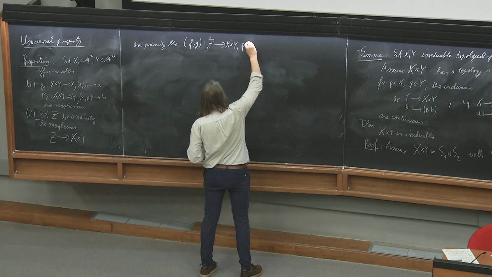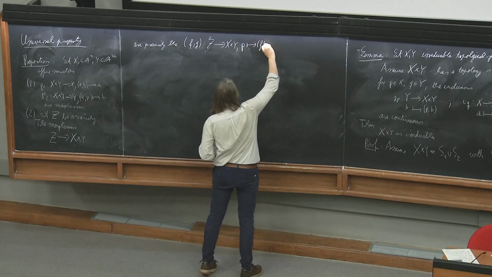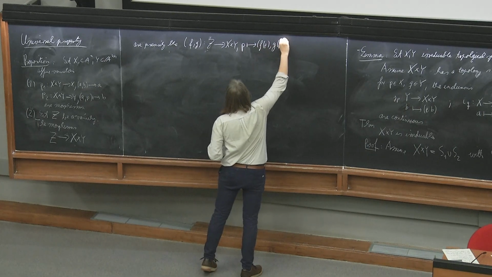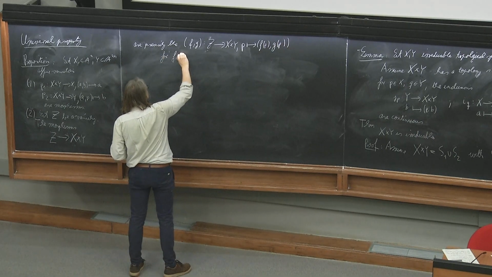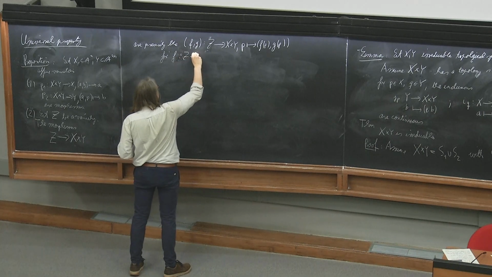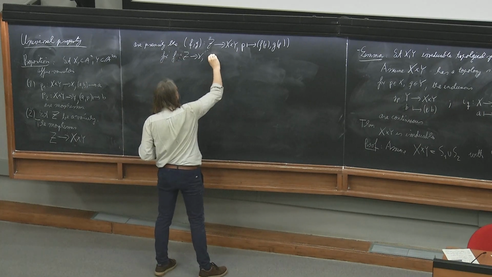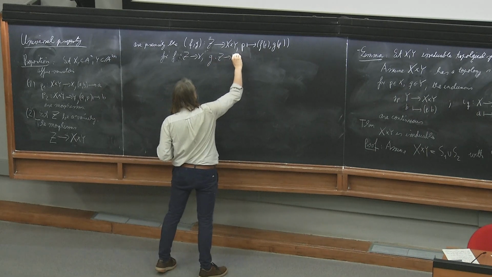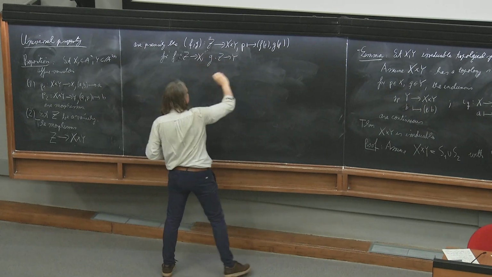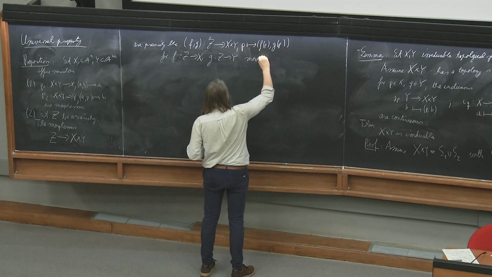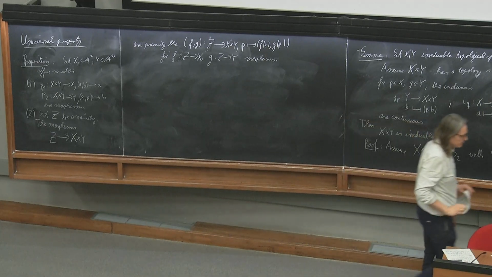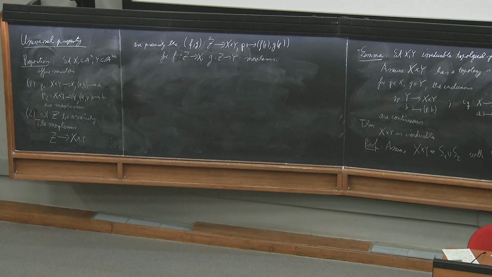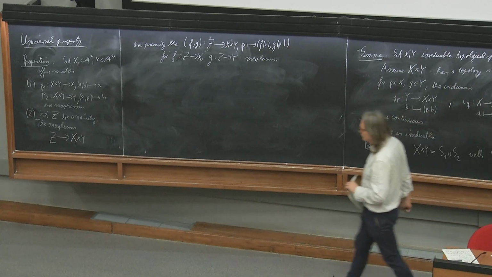which sends any point P to (f(P), g(P)), for f from Z to X, and g from Z to Y, morphisms. So I've now written it in this way. Maybe a more standard way of writing this is the following.